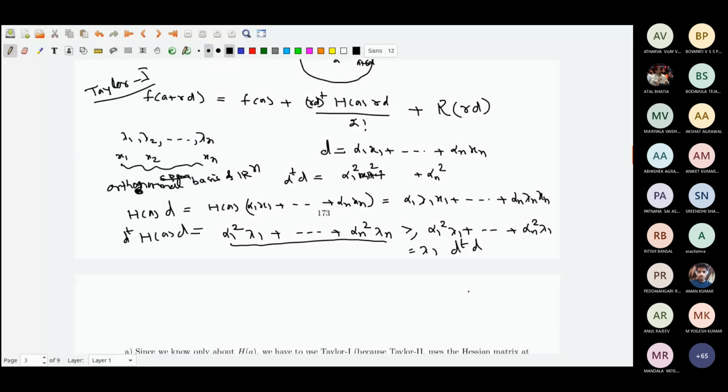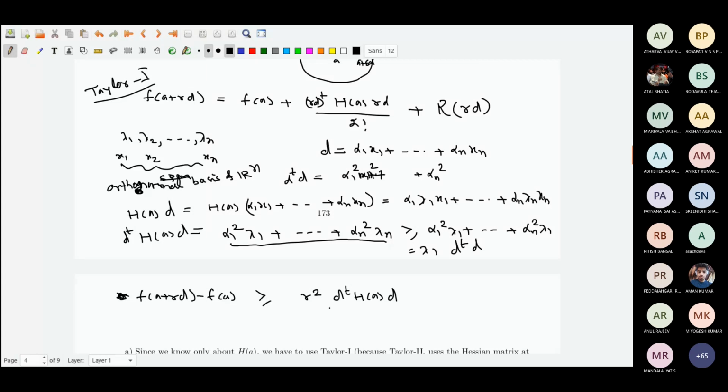So I can simply write, coming from the first line, FA plus RD minus FA is greater than or equal to R square by 2 factorial times d transpose HA.